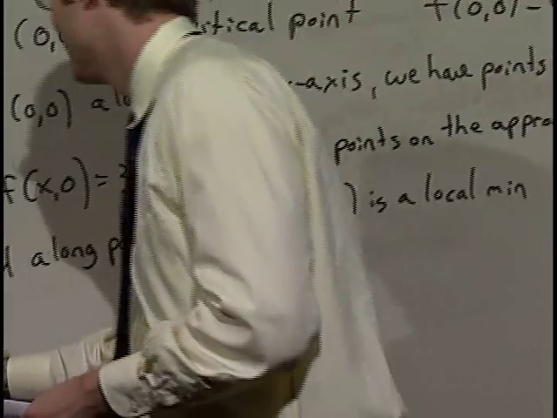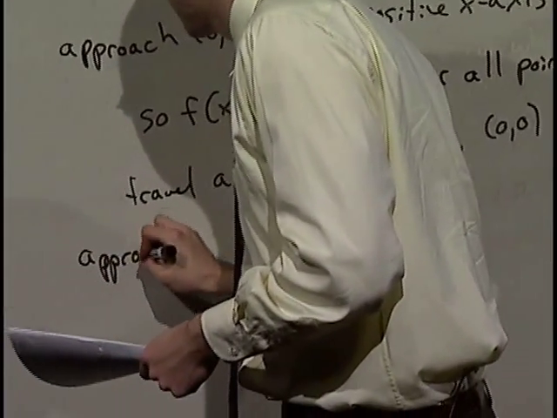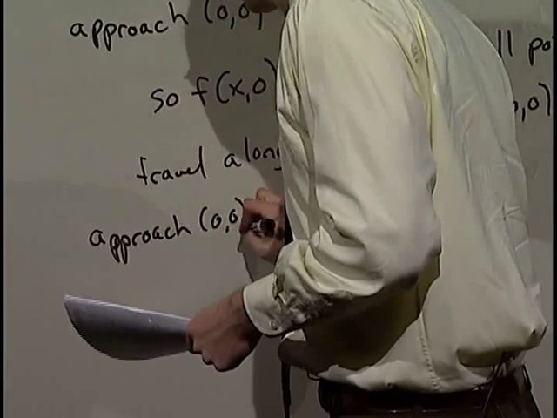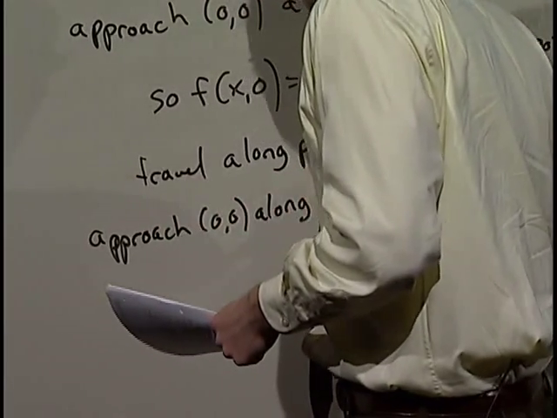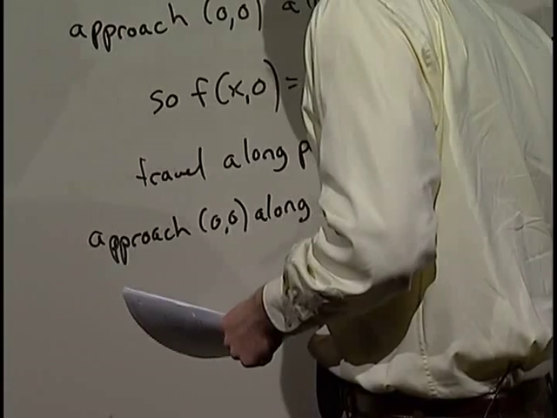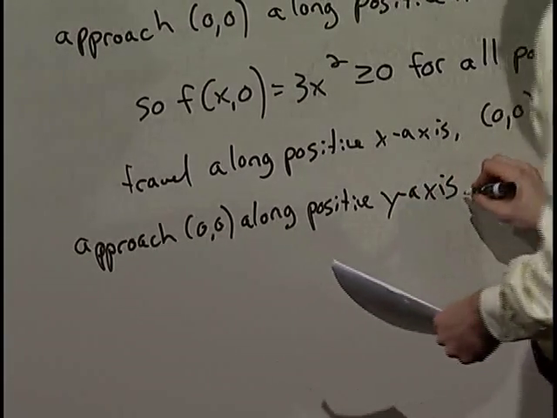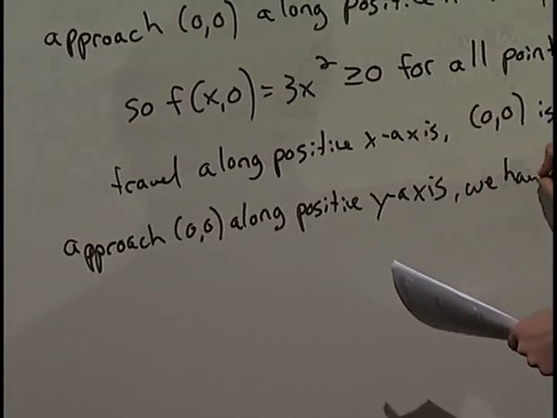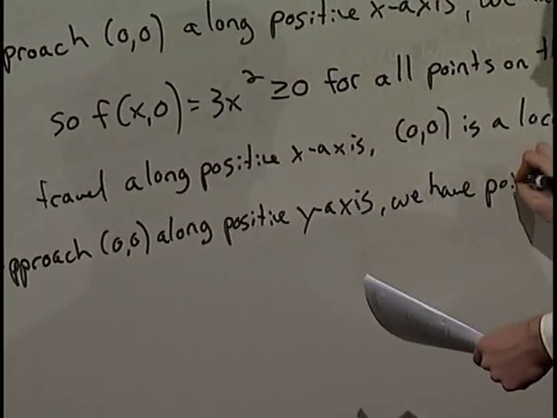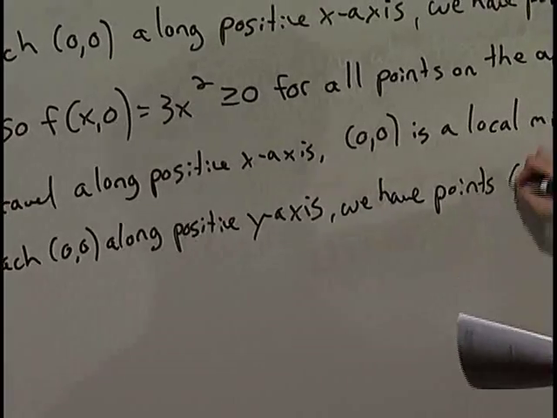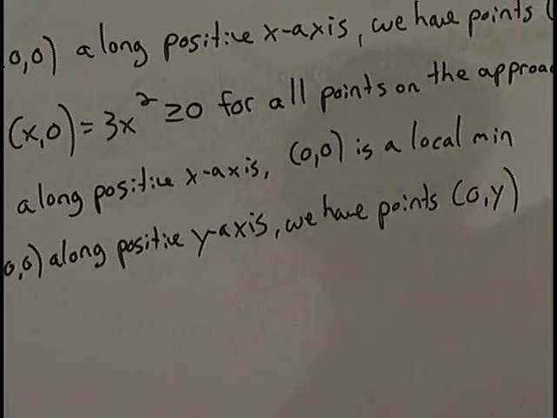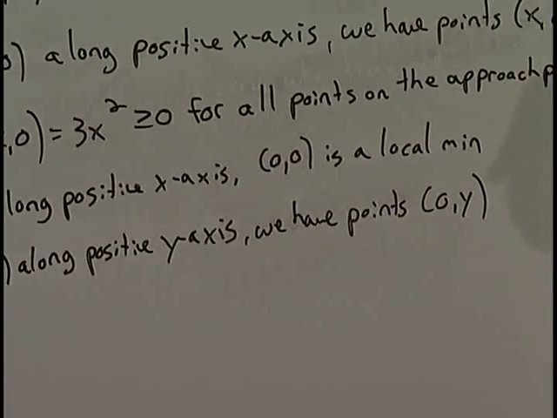All right? Well, now let's approach along a different path. Approach (0, 0) along the positive y-axis. And we have points of the form (0, y), where y is positive, all right?